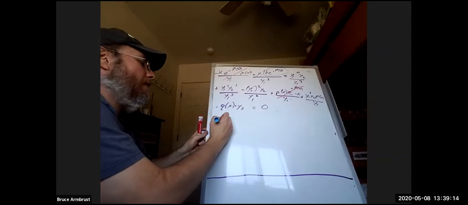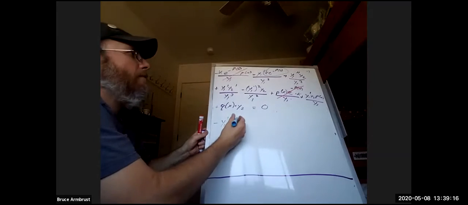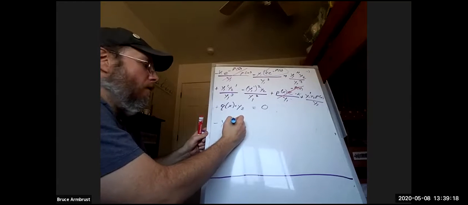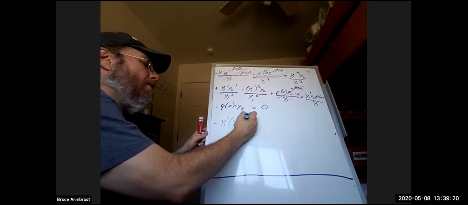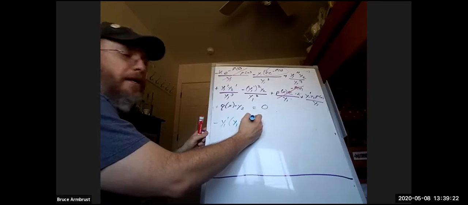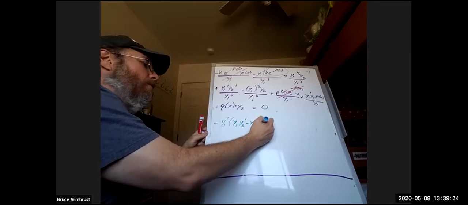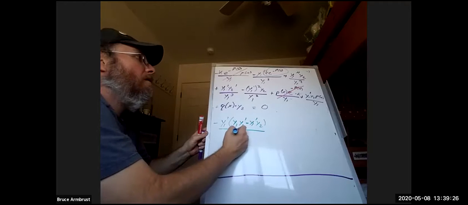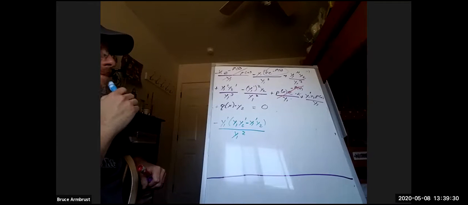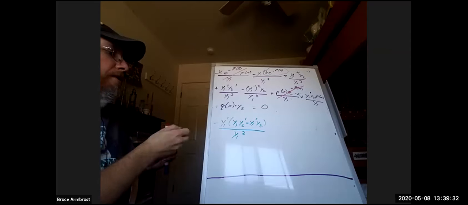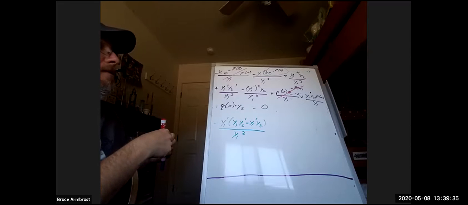We have a minus y1 prime times y1 y2 prime minus y1 prime y2. And I want you to notice what that becomes.